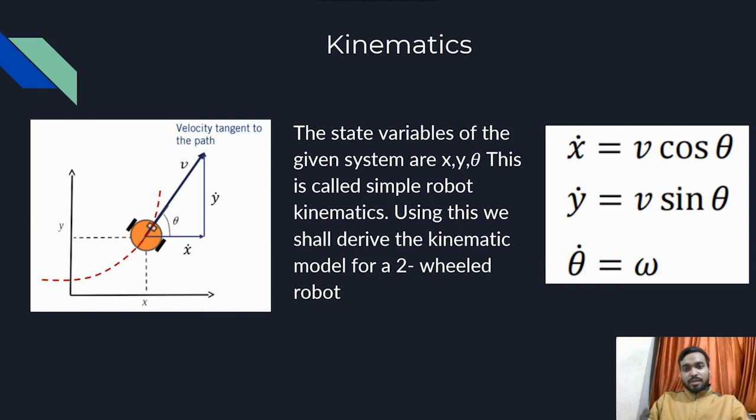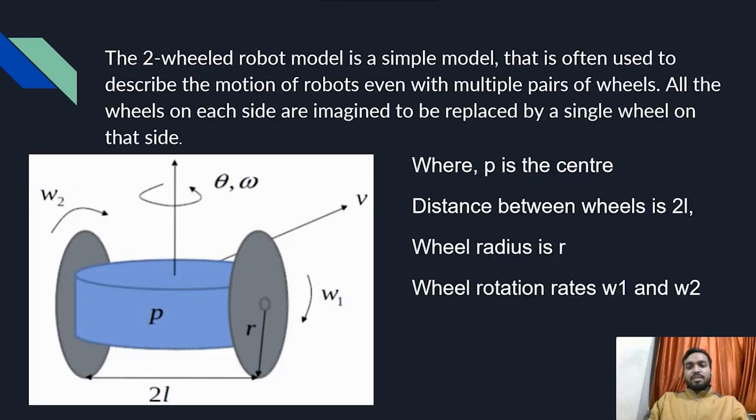Now we are here applying kinematics, that is we are only considering the velocities and the position and not the force diagrams. We are not considering the forces acting on the body. So for a simple two-wheeled robot, with the two wheels having angular velocities omega 1 and omega 2 and having a distance of 2l between them, the radius of either of the wheels being small r.